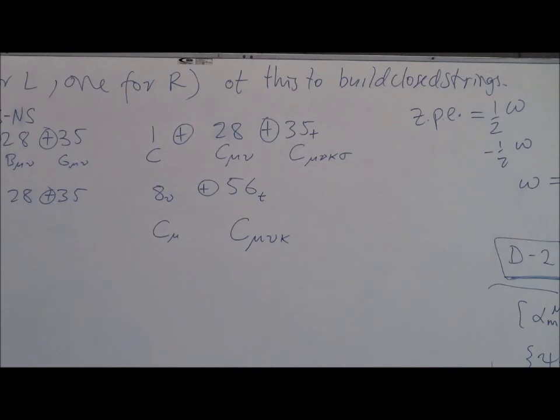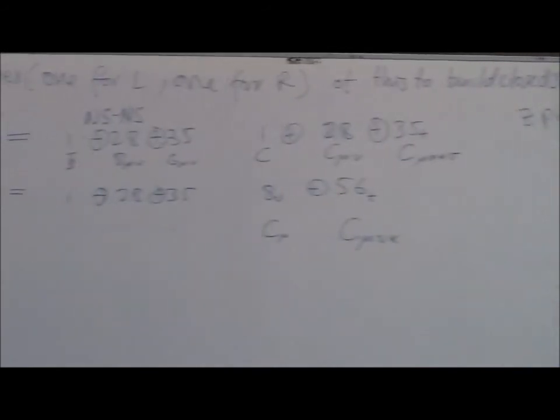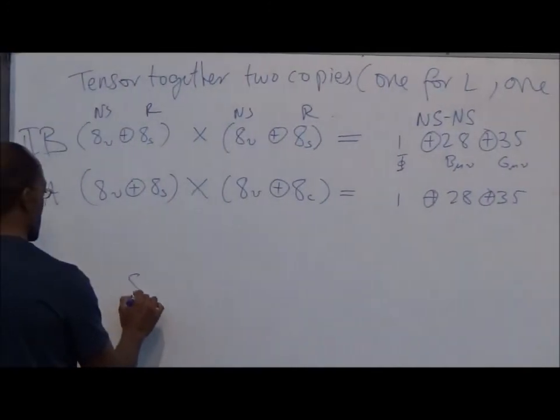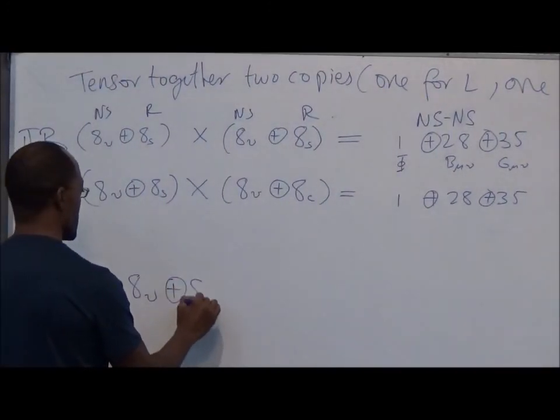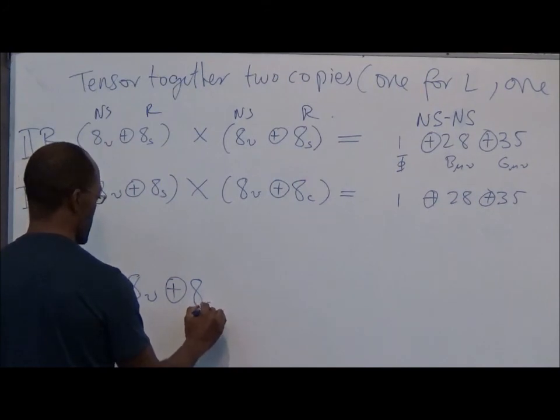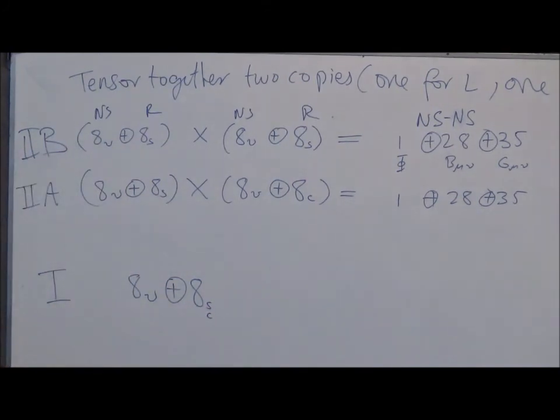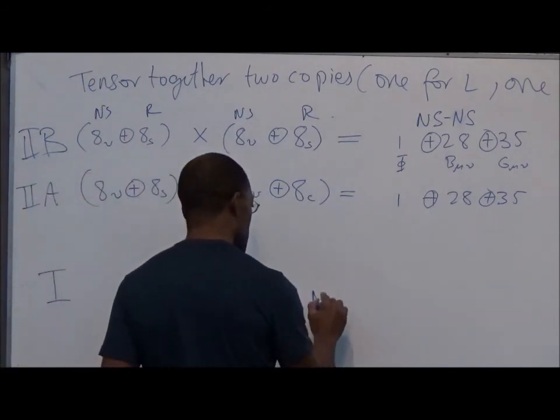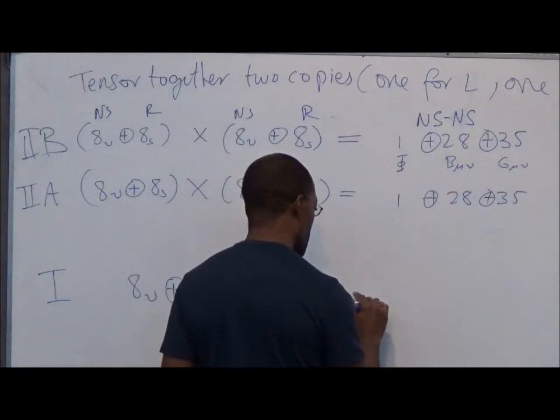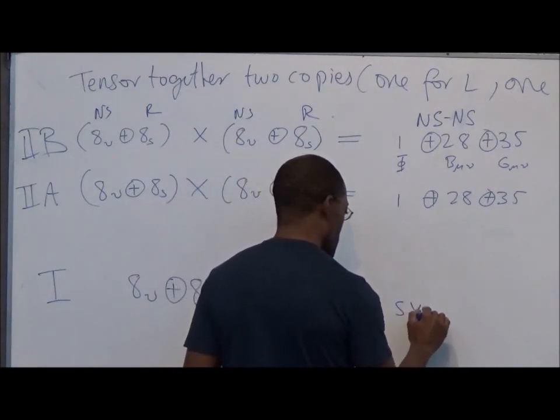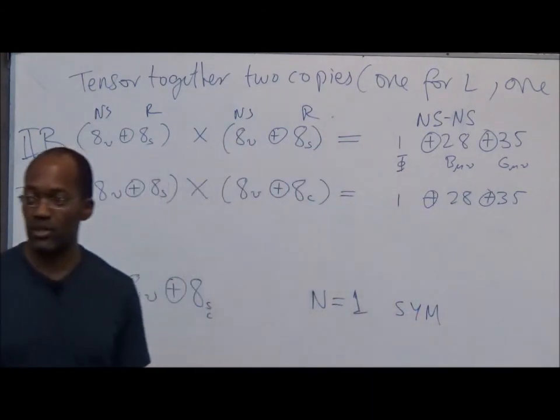I have the type 2A spectrum, the type 2B spectrum, and the type 1 spectrum, which is just this. Take your pick, SO(32), and that's it, right? This is an N equals 1 super-Yang-Mills multiplet.